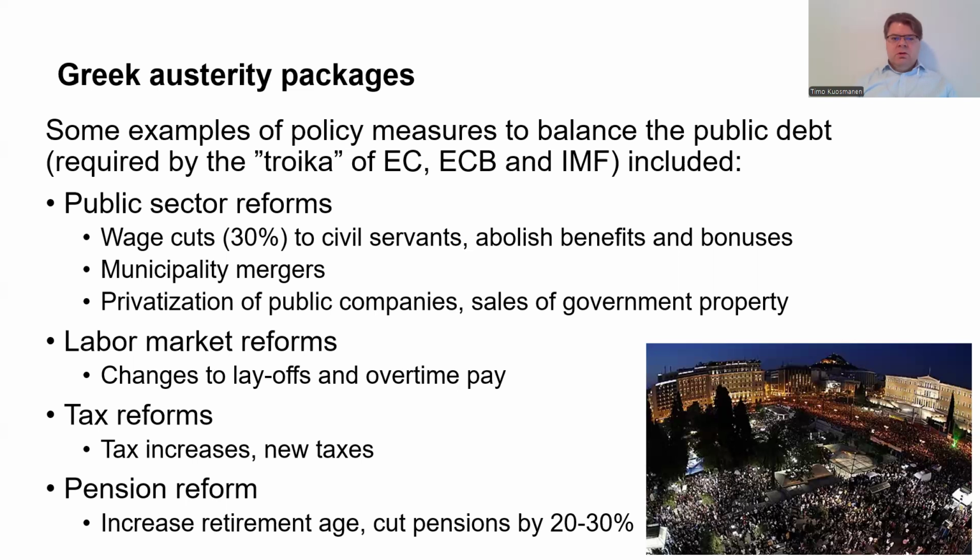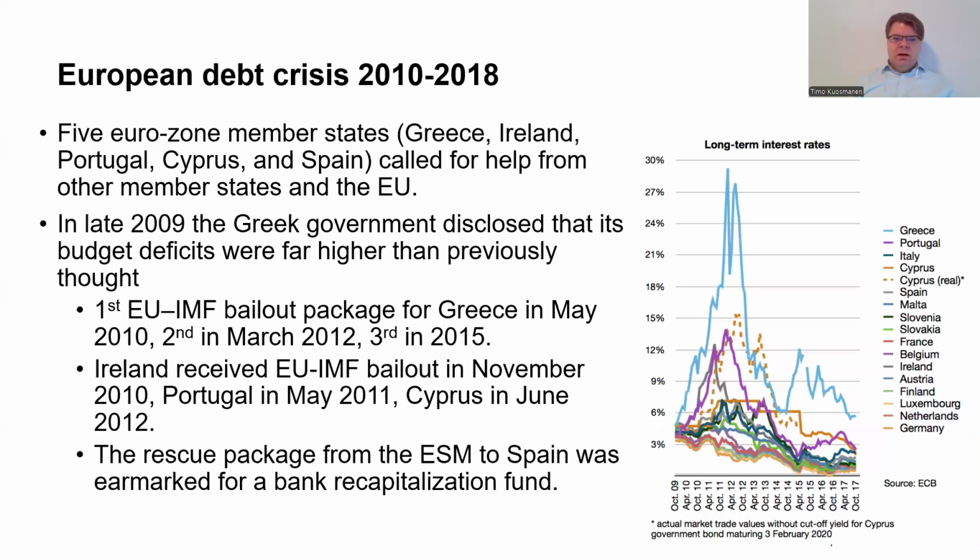So maybe I should mention, if I come back to this problem, that when this kind of large budget deficits of the Greek government appeared, the Greek government had very high public debt at that point, and usually governments finance their debt by taking new debt.